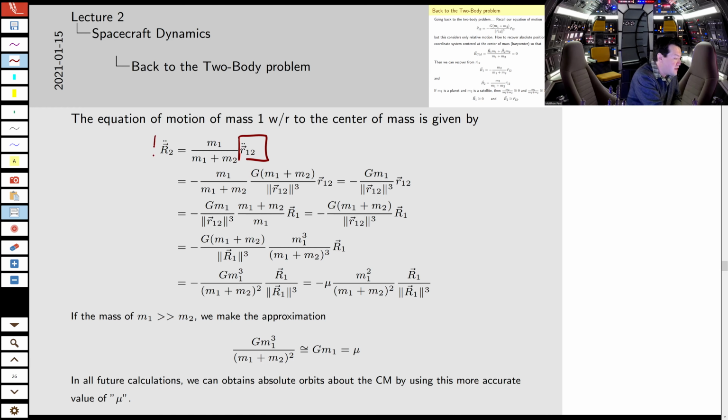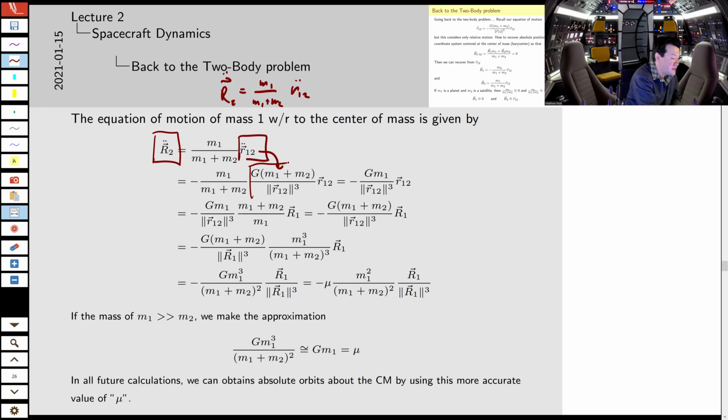So if we look at the acceleration R12 double dot, remember, the R2 vector is m1 over (m1 plus m2) times R12. And so for the acceleration of that, we just move the double derivative to the right, and then we plug in our expression for R12 here.